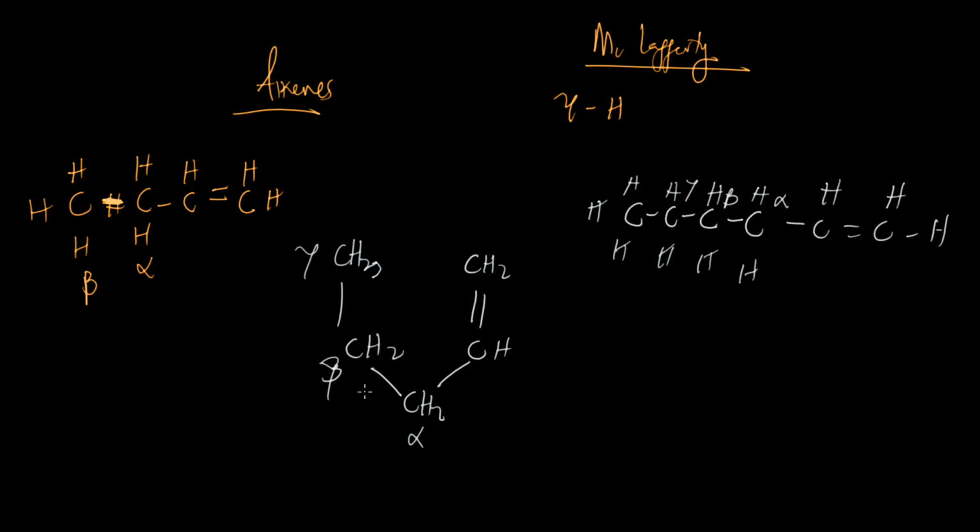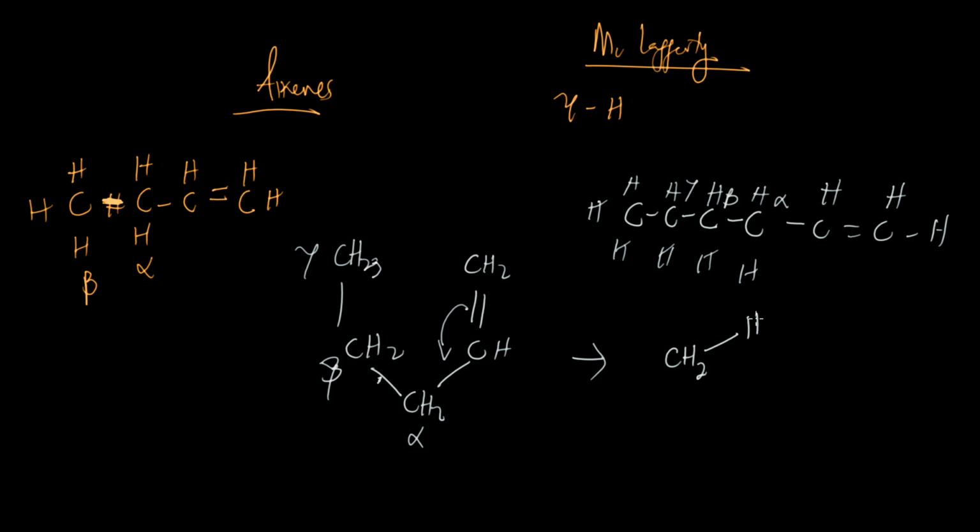So how does McLafferty occur? This is alpha hydrogen. So basically, there's going to be cleavage of this bond. The first thing you have is that this bond here breaks or simply moves here. So the one between A and B breaks, and you therefore have this CH2.